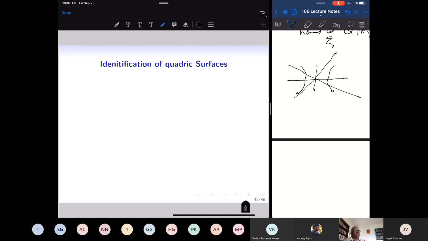So we understand how to determine the shape of an equation represented by a quadratic equation. We focused on the quadratic part, wrote the real symmetric matrix, found its eigenvalues and eigenvectors, and that removed the mixed term. Then we did some translation of x's, and then we can determine the shape.